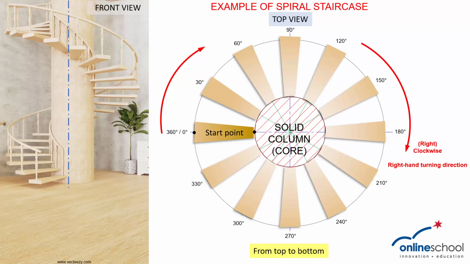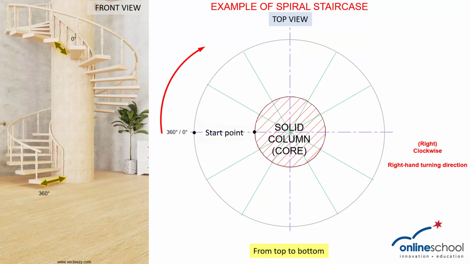Looking at this, we can clearly see the indicated center line on the column. This helps us to see the start and the end of our steps for one full revolution. We see that our turn is still in a clockwise direction, or in other words a right-handed turn, but as mentioned, this is now from the top to the bottom, meaning from the first story to the ground floor.